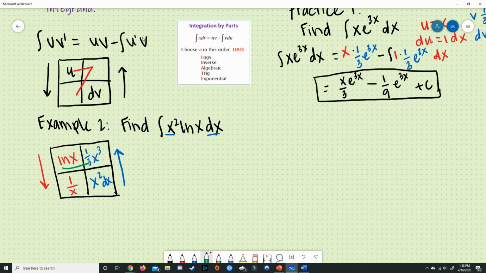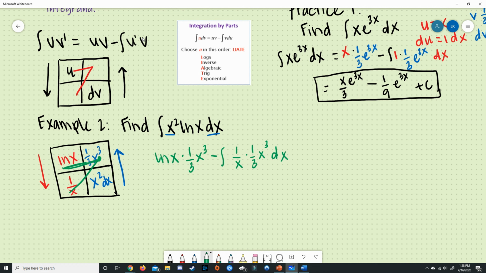So u times v is right here, so we have ln of x times 1/3 x cubed, and then du times v is going upward, and you just want to make sure you end at the point. When you end at the point there, this is going to be minus the integral of 1 over x times 1/3 x cubed dx.